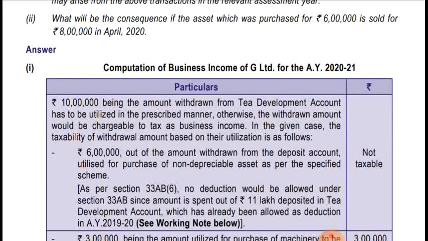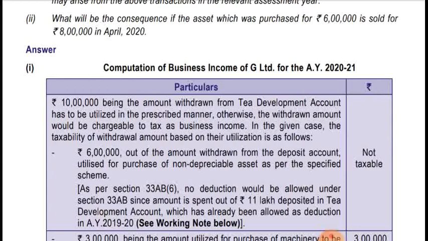As per section 33AB(6), no deduction would be allowed under section 33AB since the amount is spent out of the 11 lakhs deposited in the T development account, for which a deduction has already been allowed in the assessment year 1920. As I said, in the previous year 1819, that is assessment year 1920, the amount has already been allowed.